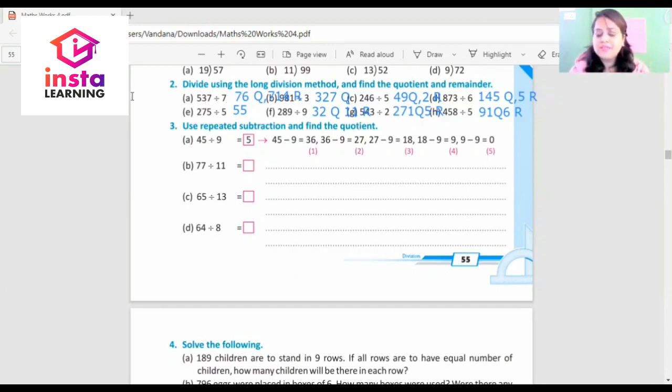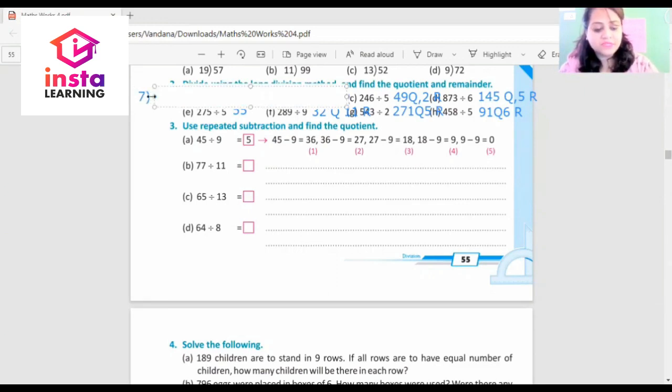So, just write the divisor first here, and here you have to write the number 7, and then put the division sign like this, and then you have to write the number 537 here, and you will get the answer here as the quotient.